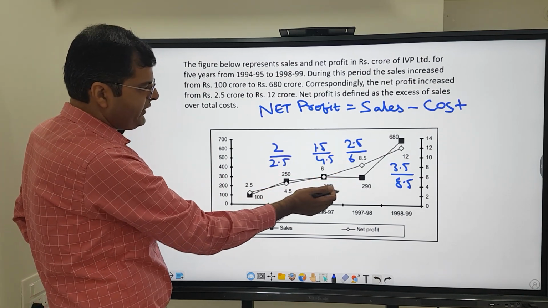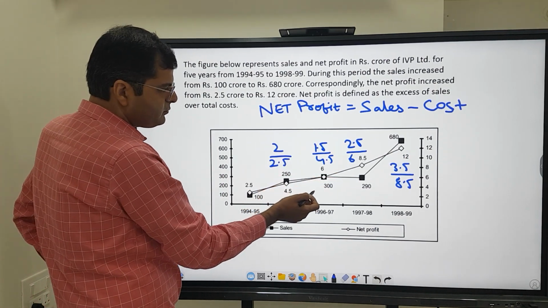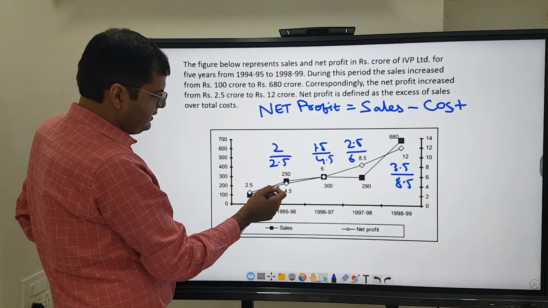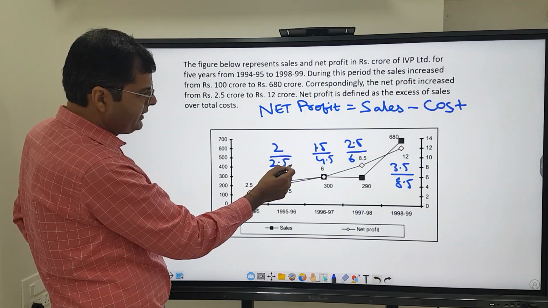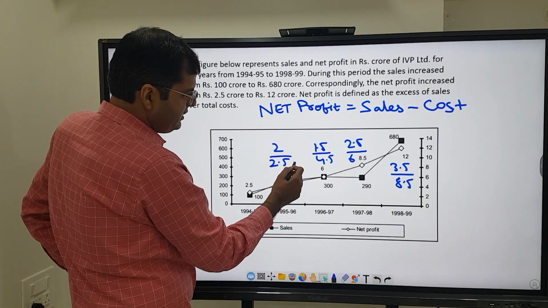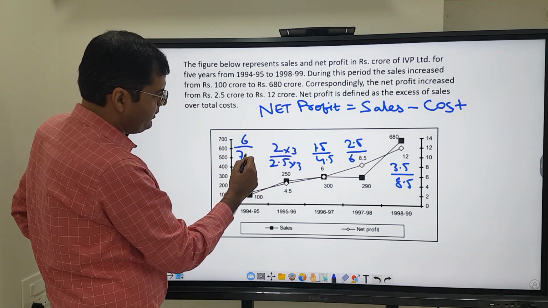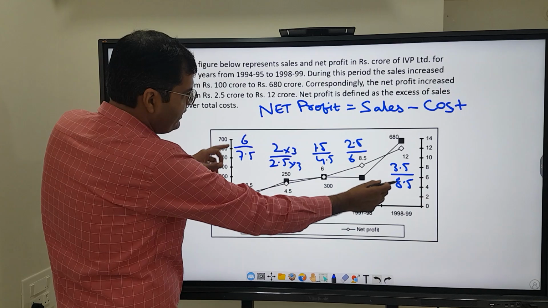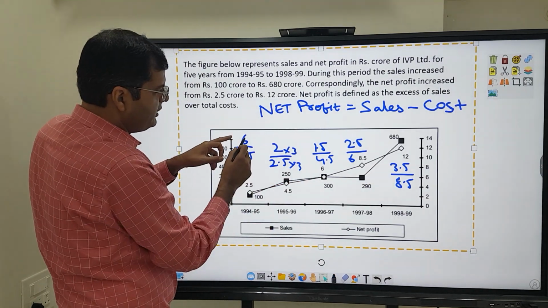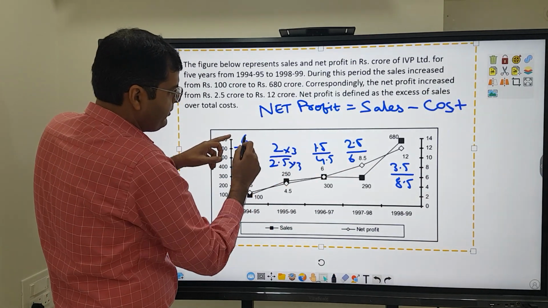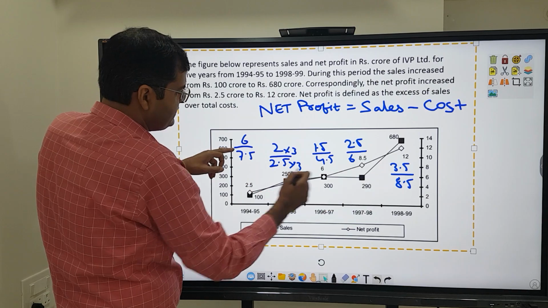If you just compare the fractions, what you can do is multiply this by 3. If I multiply this by 3 and then multiply this by 3, it becomes 6 upon 7.5. Now if I compare these two, here the numerator is greater than 3.5, the denominator is less than 8.5.